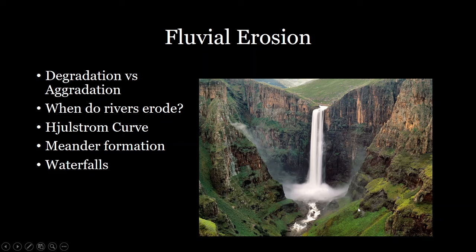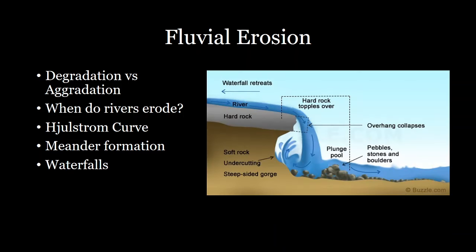So also, waterfalls are an important erosional feature within rivers, and maybe you'll have a chance to see a beautiful waterfall like this. Waterfalls form whenever you have a very hard rock over a fairly soft rock, a rock that's hard to erode over a rock that's more easy to erode.